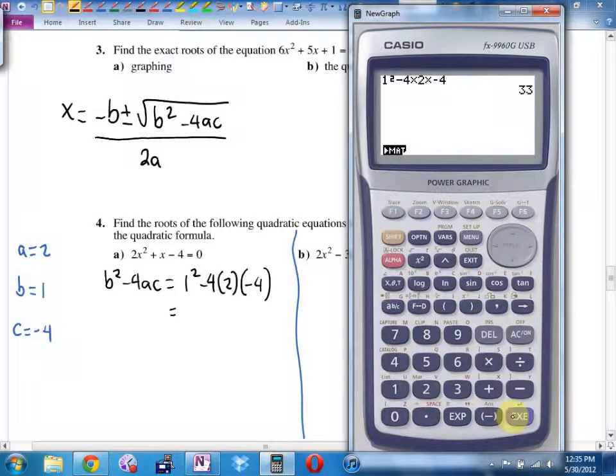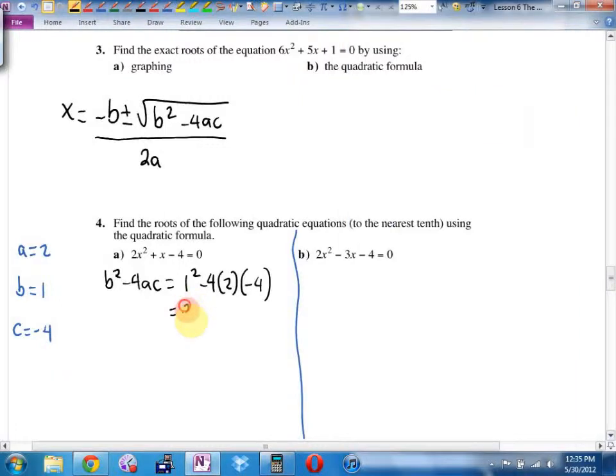33? Or am I wrong? 33, yeah. So x is going to be negative b. What's b? What's negative b?